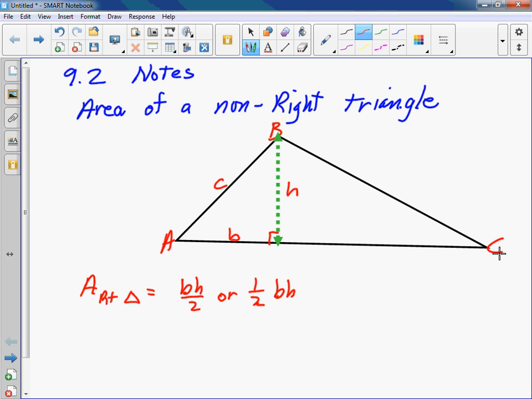So the idea is we want to eventually take these training wheels off that are H and be able to just deal with this triangle without the H. In other words, this part here is gone, and try to figure out a way that we can express it that way. So right now we've got H and we want to try to get rid of H.